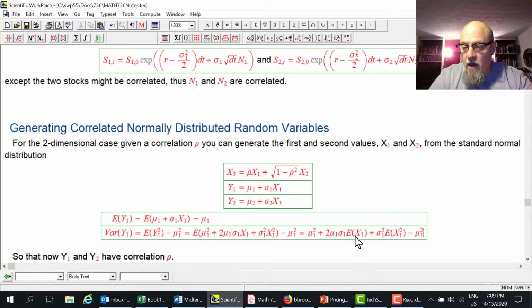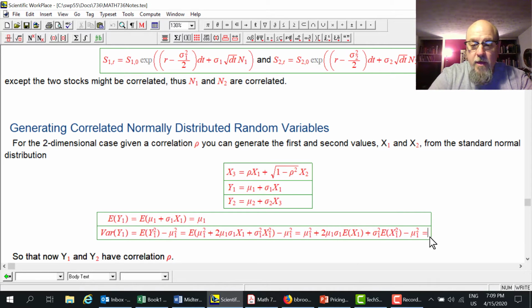The expected value of x1 is 0, so this whole piece is gone. So the only thing left is sigma 1 squared times the expected value of x1 squared. And since x1 comes from a standard normal distribution, the expected value of x1 squared is 1.